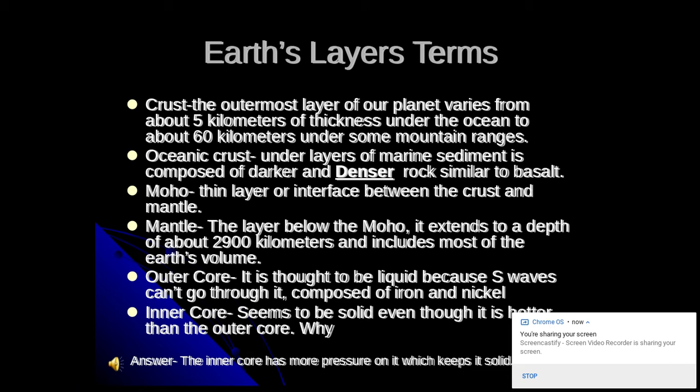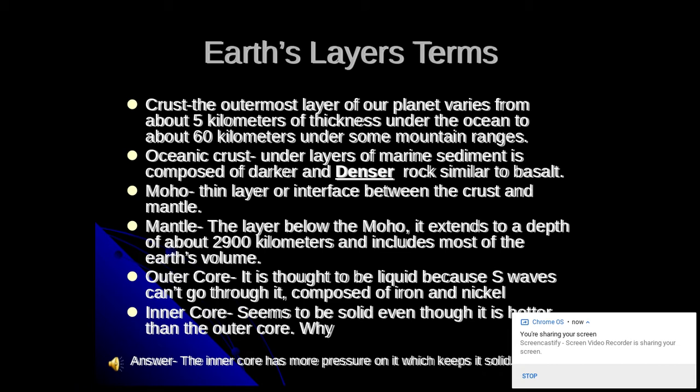So the crust is the outermost layer. If you tap your feet down right now, you are tapping on the crust, also known as the continental crust. The crust itself varies from 5 kilometers thick to 60 kilometers thick.